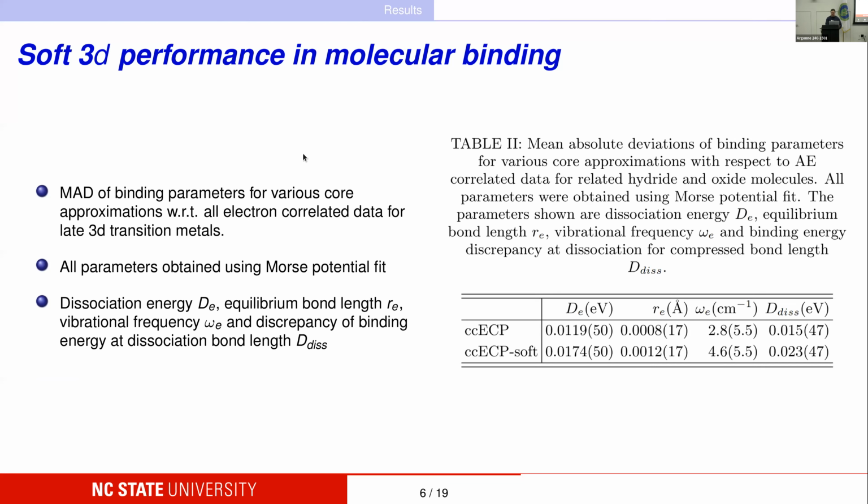We have the binding energy, the bond length, the vibrational frequency and the dissociation energy. We can see the CCECPs are a little bit closer to the all electron as opposed to CCECP soft, but it's very marginal. Almost all of them lie within the error bars of the other.